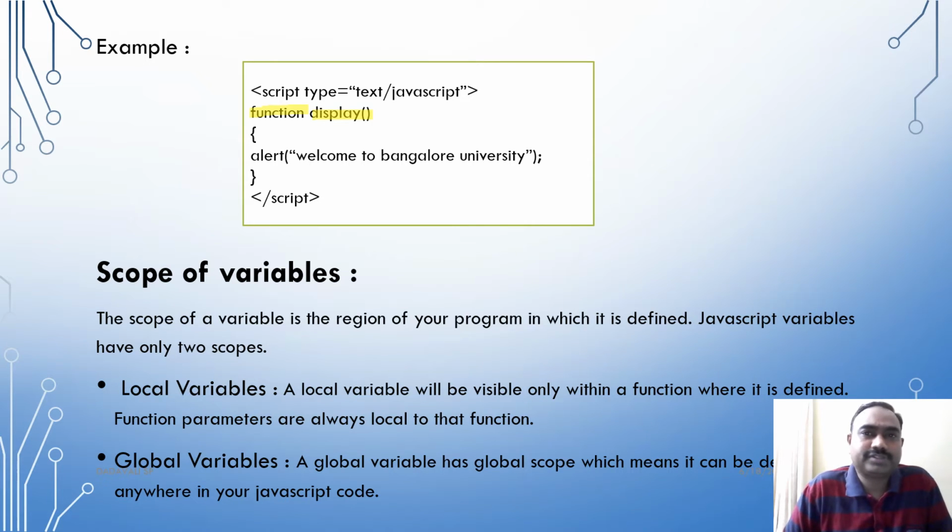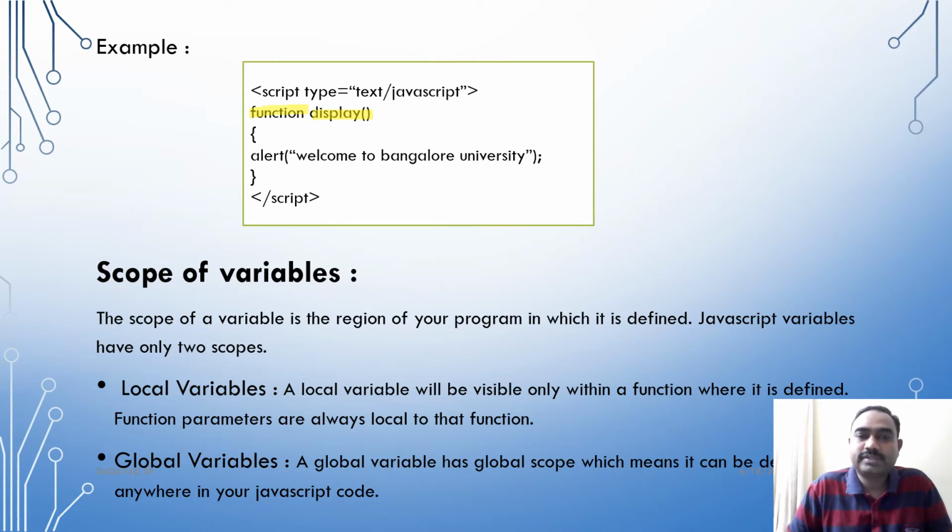Scope of the variables: you can declare a variable, and that is also very important, in which position you declare it. The scope of a variable is the region of your program in which it is defined. JavaScript variables have only two scopes, local variables and global variables.